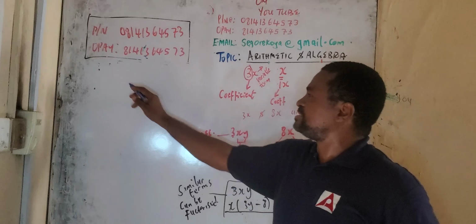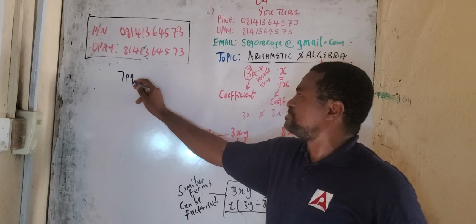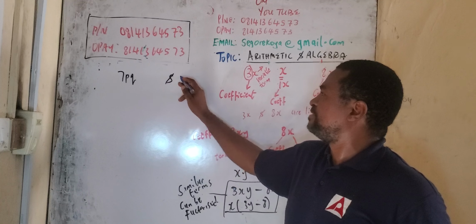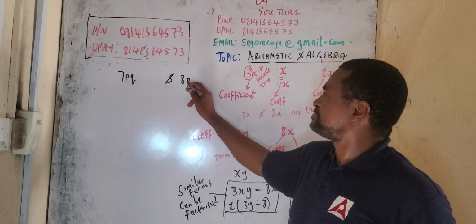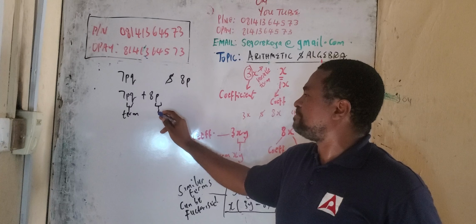Like for instance, look at this. Let's say I have 7pq and I have 8p. If I write 7pq plus 8p, I cannot add them together because this 8p doesn't have q. The only thing I can do for these similar terms is this: this term, pq, is a term, and this p is another term.